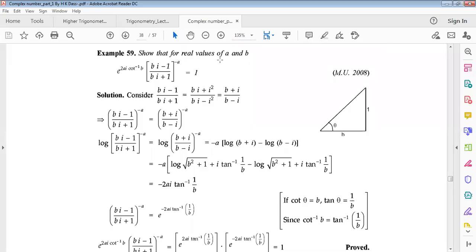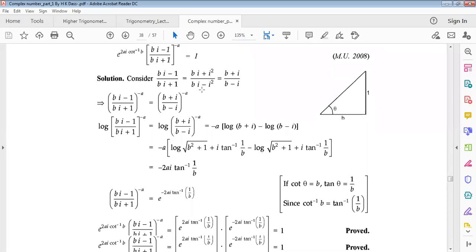Show that for real values of a and b, e^(2a i cot⁻¹b) ((bi − 1)/(bi + 1))^(−i a) equals 1. We have to prove this condition.